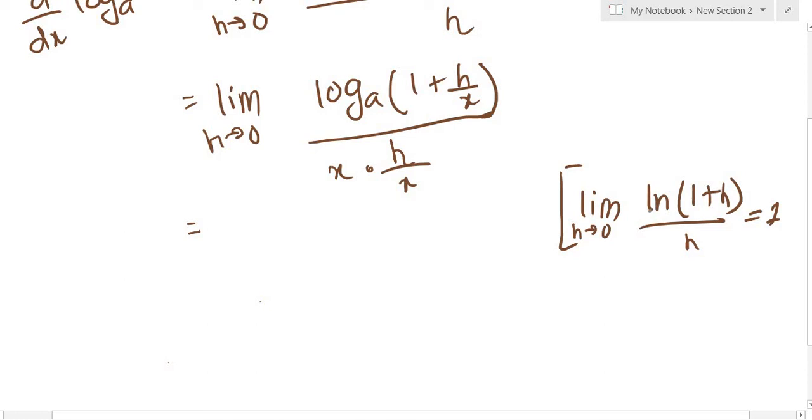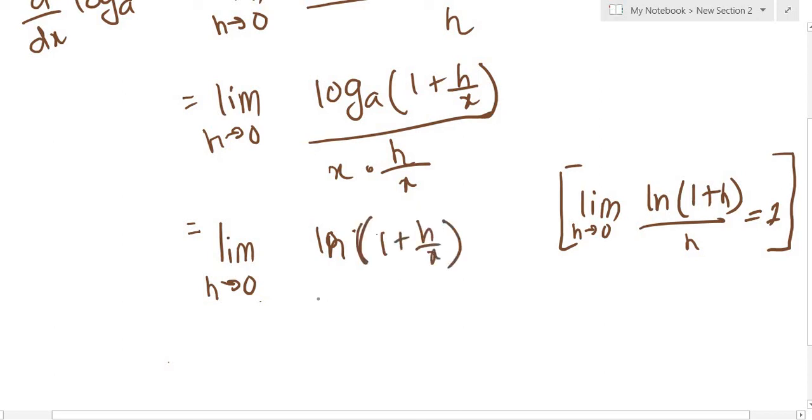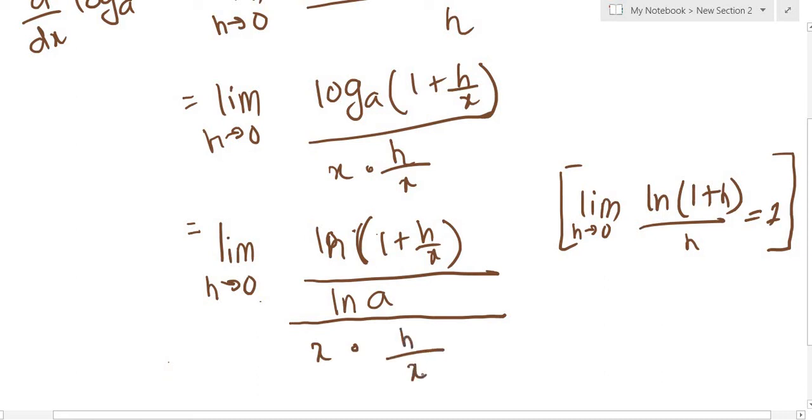I repeat, it's only for the natural log. So here we're going to have to change the base. So this is going to be the natural log of 1 plus h by x all over the natural log of a, divided by x into h by x.